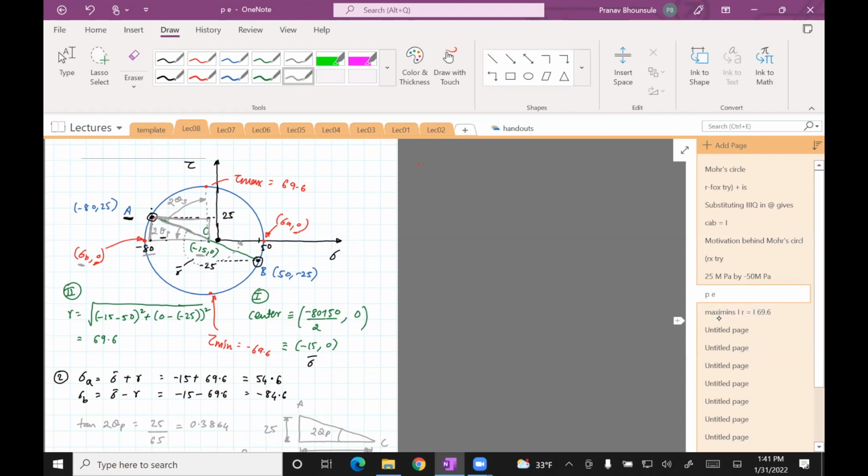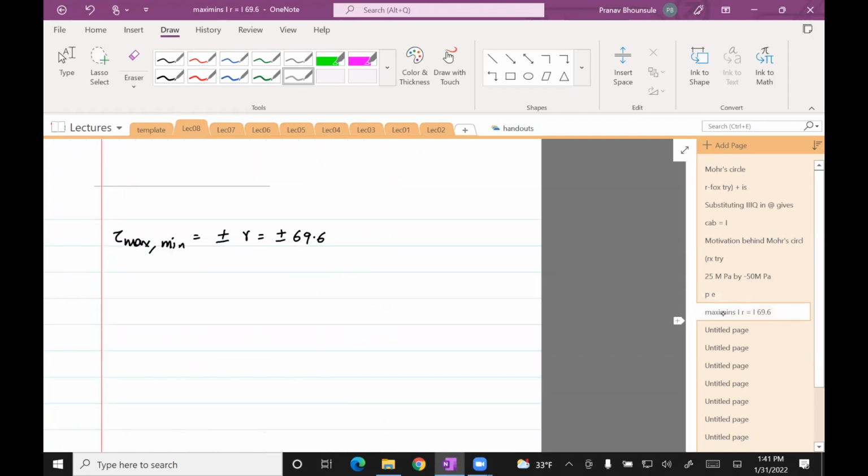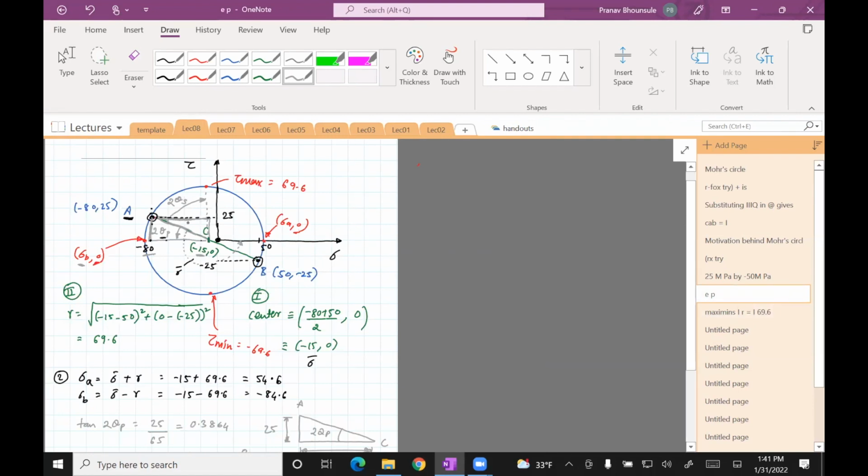Okay, so let's draw this triangle and then identify the angles, and hence identify theta s. So we see that the height is 25.